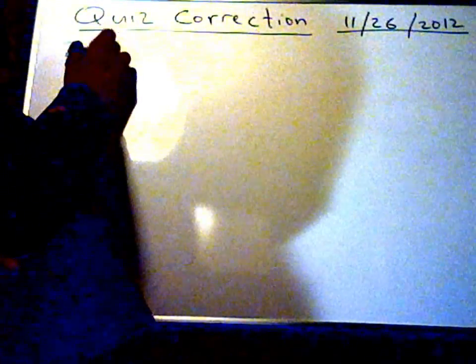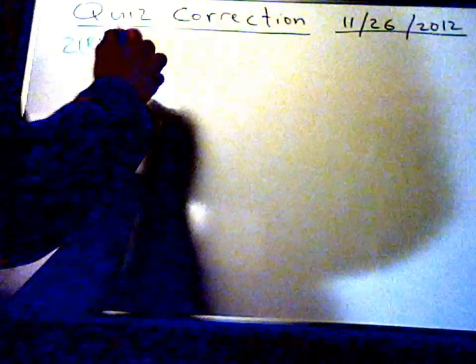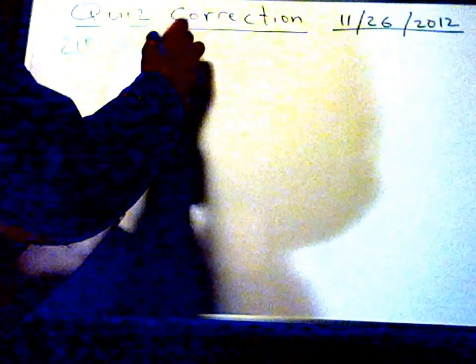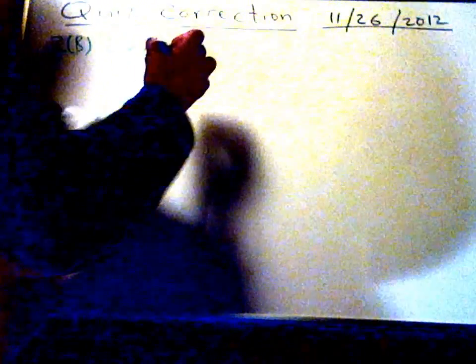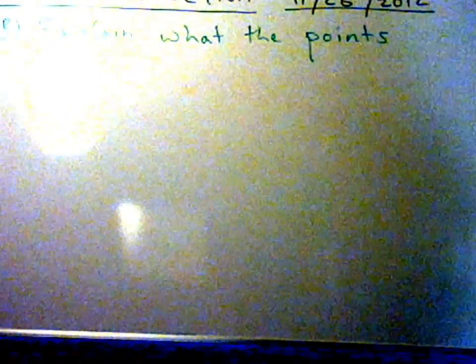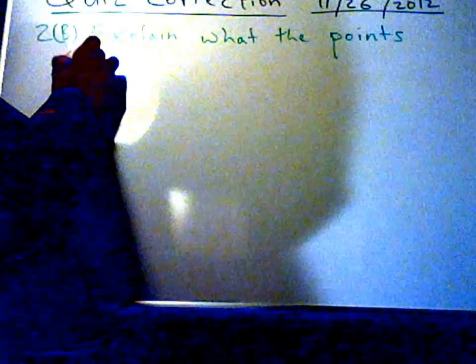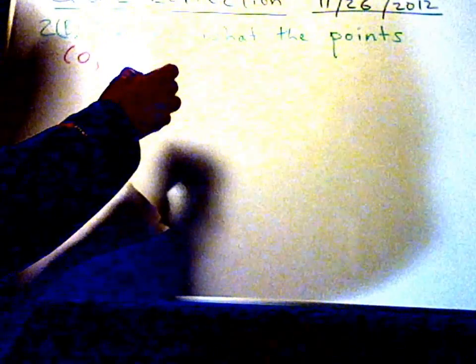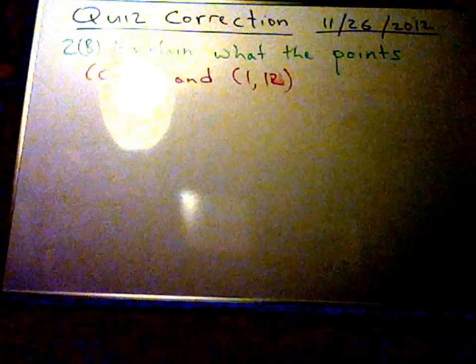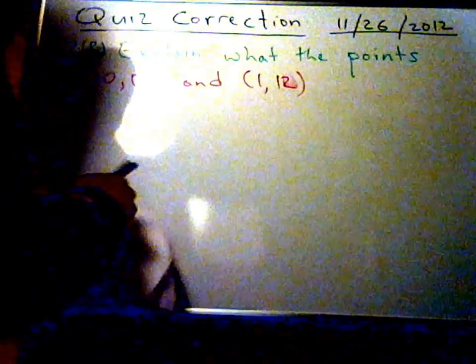So 2b, they ask us in 2b, explain what the points (0, 0) and (1, 12) represent.